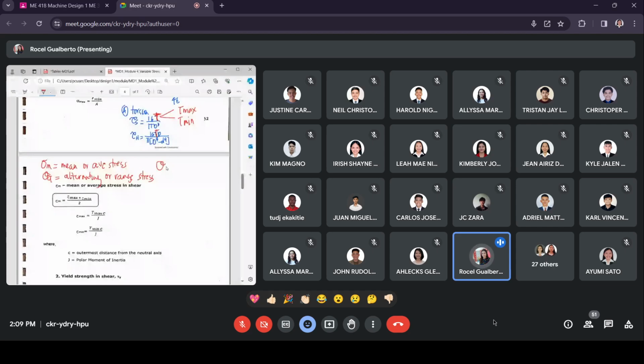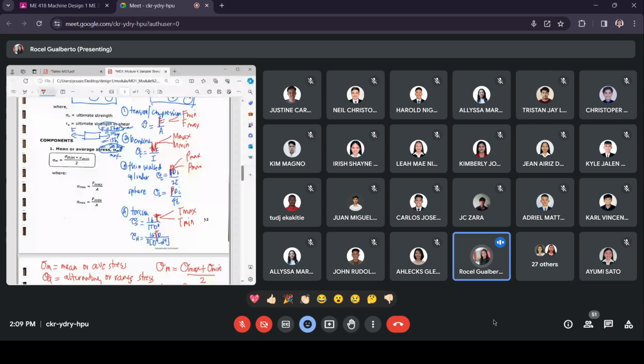Question is, what is the value of sigma max, or what is the value of your sigma minimum? So you go back to our equation. Sigma equals force over area if it is tension.